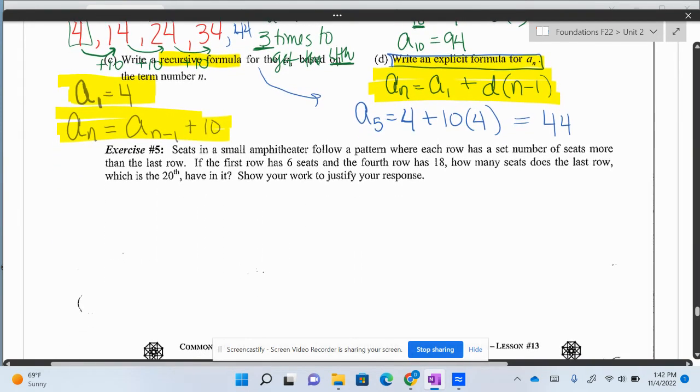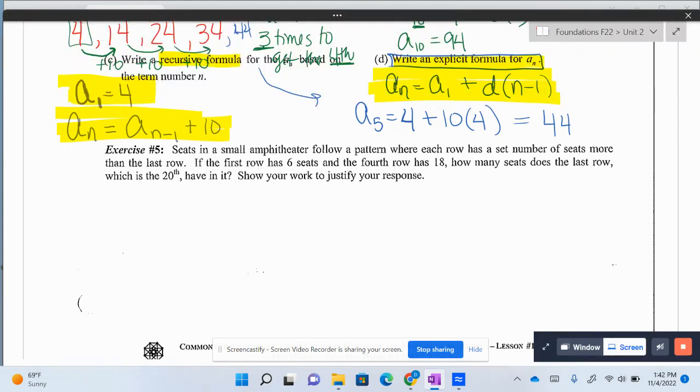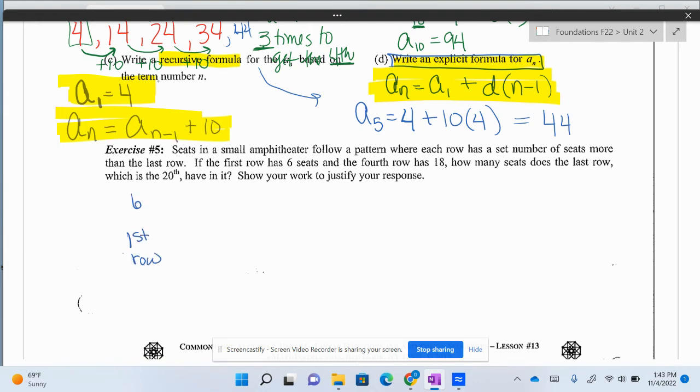Okay. So the seats in a small amphitheater, so this is like a small playhouse, have a pattern where each row has a set number of seats more than the last row, meaning each row is increasing by a common difference. If the first row has 6 seats, we don't know how many the second row has.